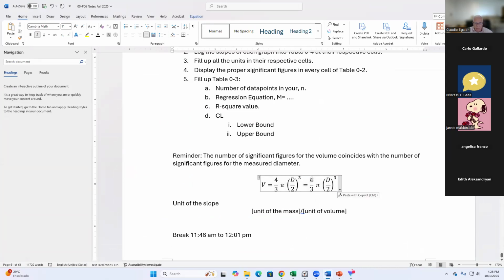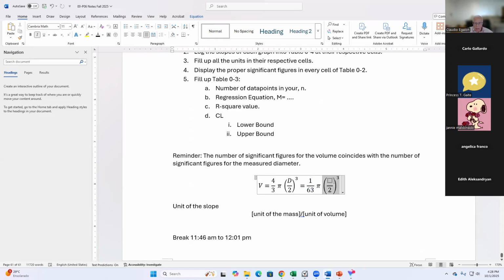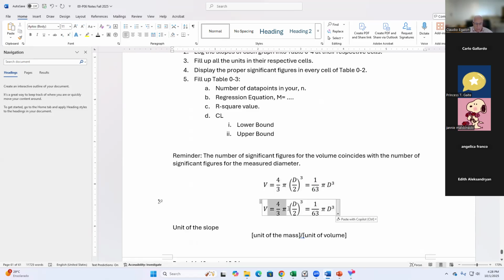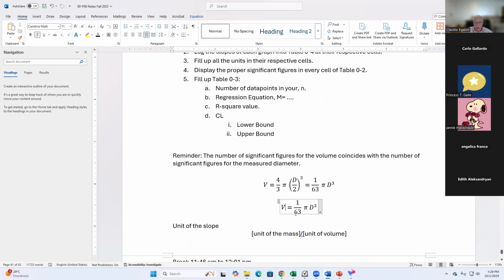If I do the math, I get 1/6 pi d cubed. Now you have to do the dimensional analysis of this equation.